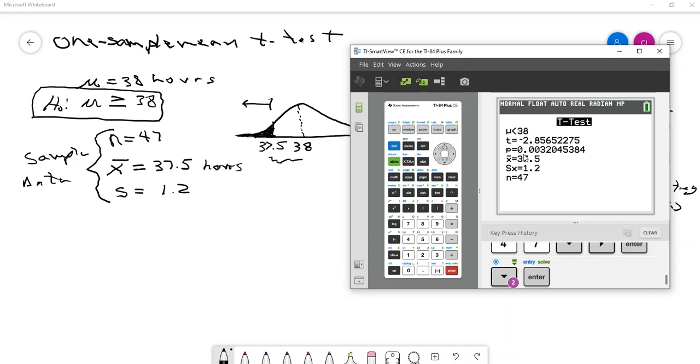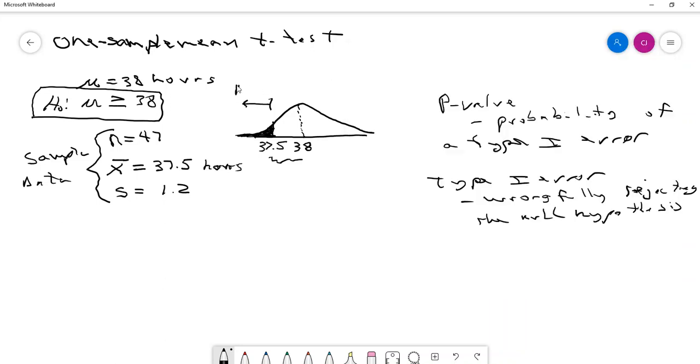All right. So now here's the one we're looking for, p-value 0.003. So I'm going to write up here, p equal 0.003, right? This is the big number we got to remember. That's the one I'm concerned about because, again, p-value, what is it? Wrongfully rejecting them.